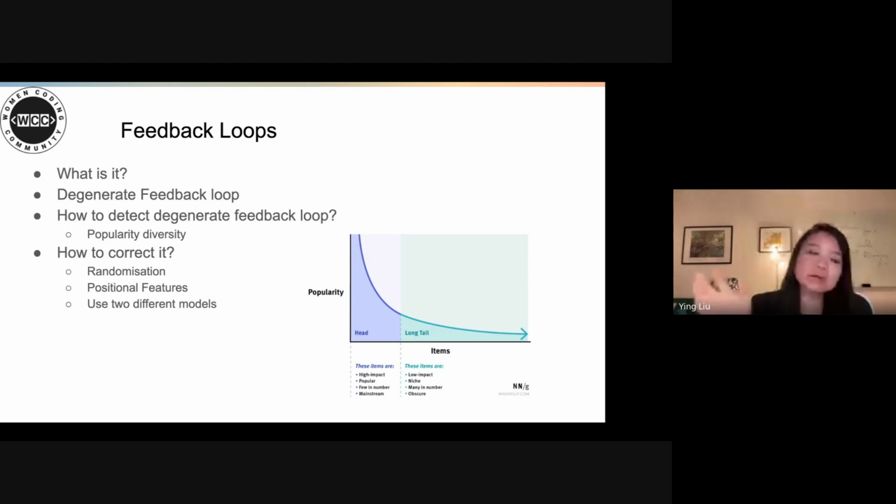Or you can mix them up. I put in a positional feature, and I also use a model to predict the recommendation without the positional feature, and we do a weighting, like a model ensemble as I mentioned, or different ways of mixing them, to make sure there is some knowledge of the position, but sometimes there isn't. In this case, we can start to promote some less popular items.